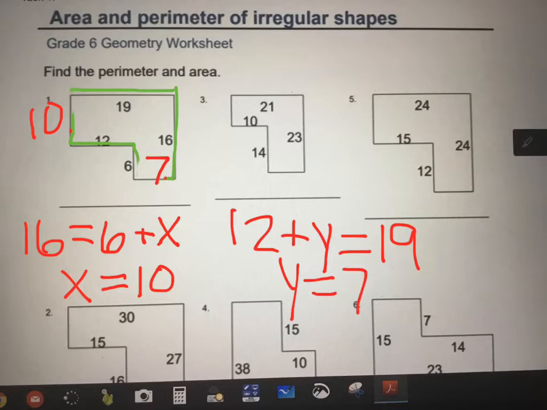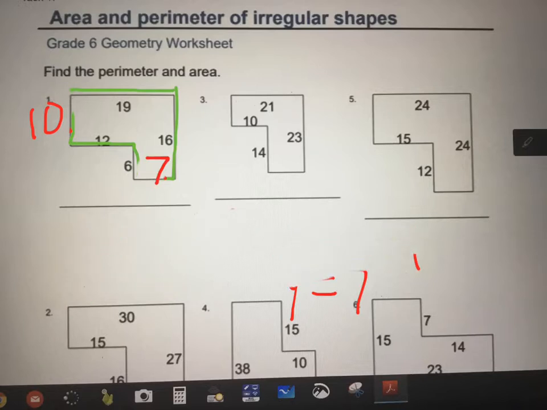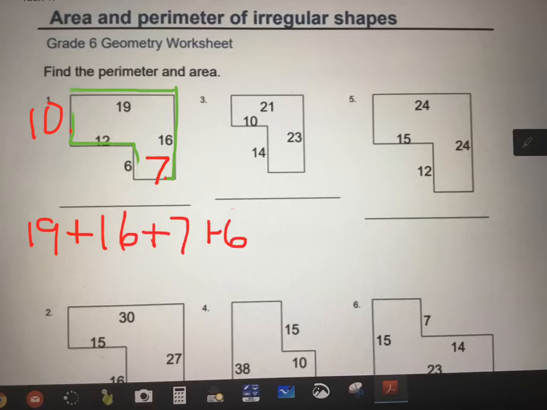Now what you're going to do for your perimeter is you're going to add all those numbers up. So again, everything on the outside. So 19 plus 16 plus 7 plus 6 plus 12 plus 10.